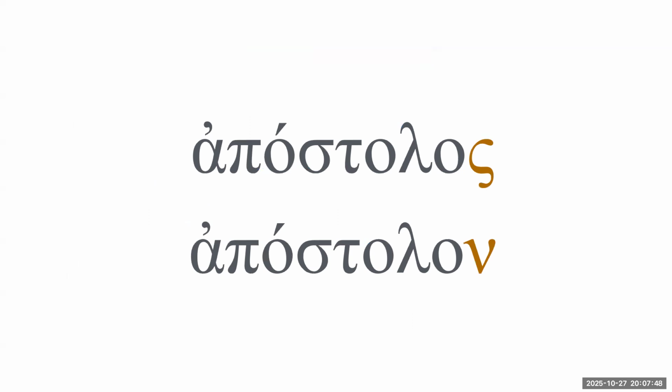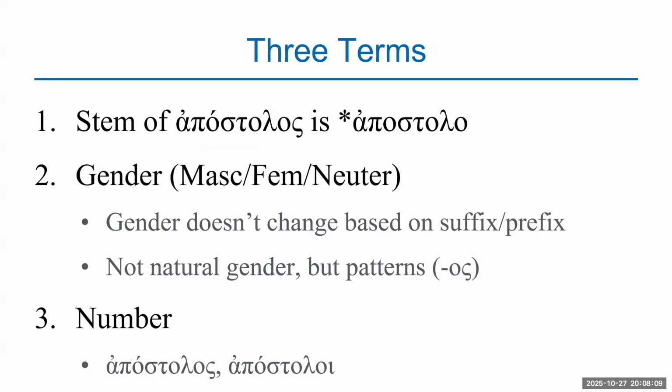So you can see these words again, apostolos and apostolon. If you remember the definition for apostolos, that is an apostle. But obviously, apostolon would not be an apostle. It would be translated differently because it would be in a different case, the accusative case, which we're going to talk about.